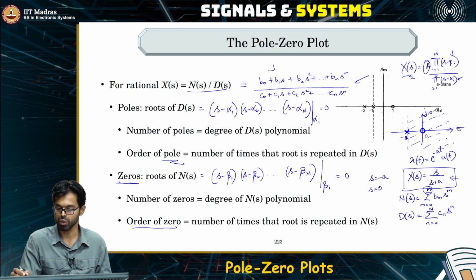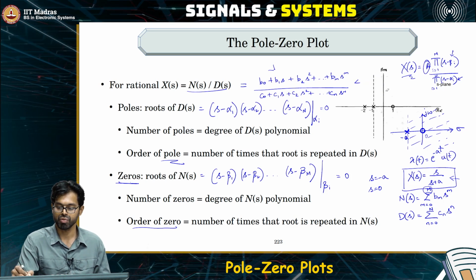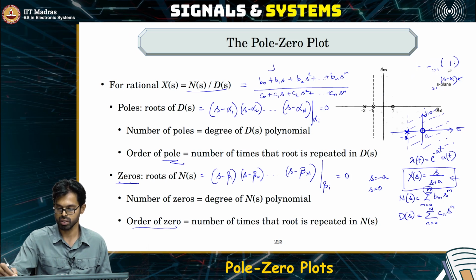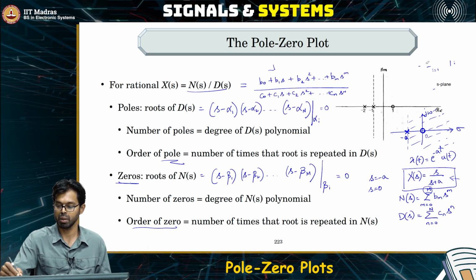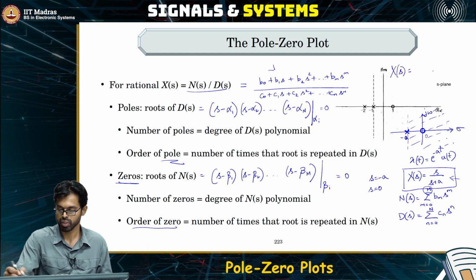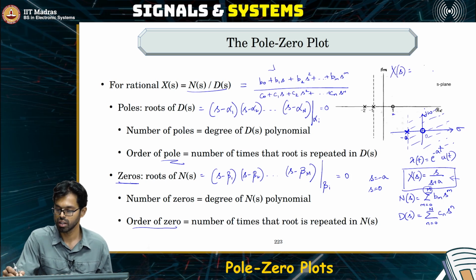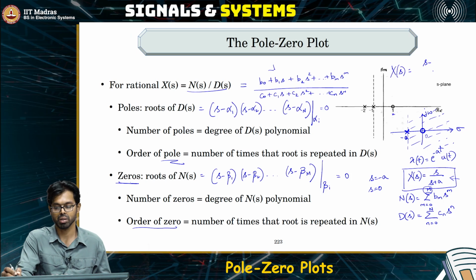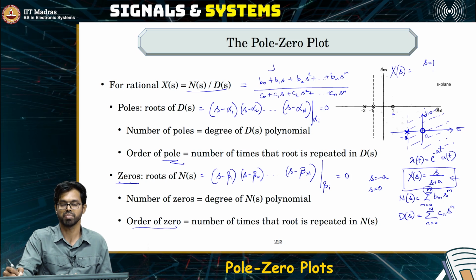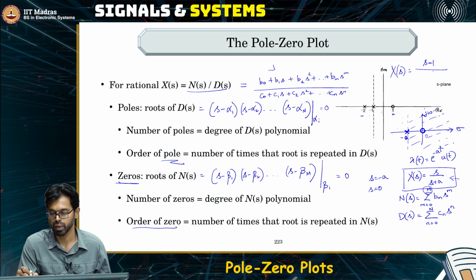So if somebody gives you a plot which looks like this, that we have here, from this, can you write the Laplace transform expression? Yes, we can. From this, we can say that x of s is nothing but: it has one zero at the point 1, which means the numerator has a polynomial whose root is at 1, so s minus 1, divided by the denominator, which has roots at minus 2 and minus 1.